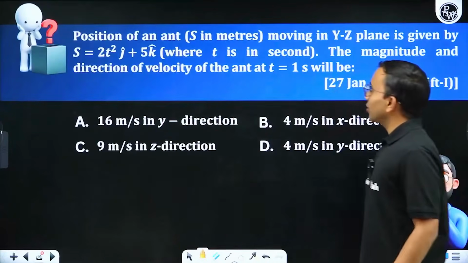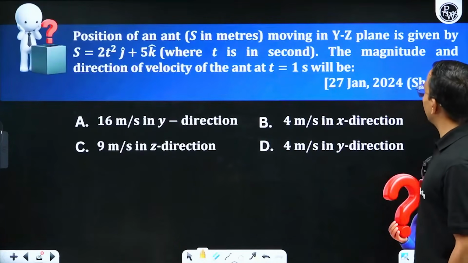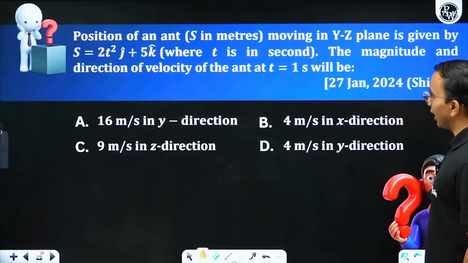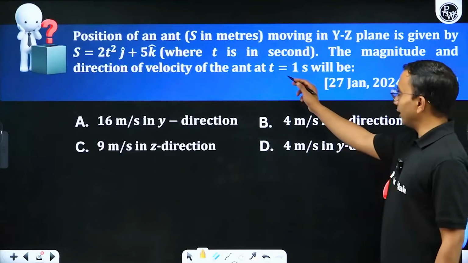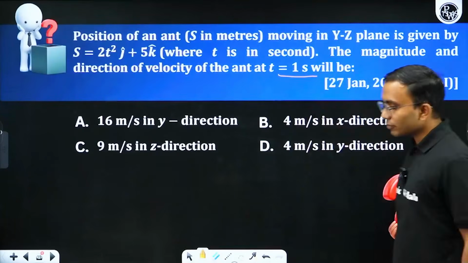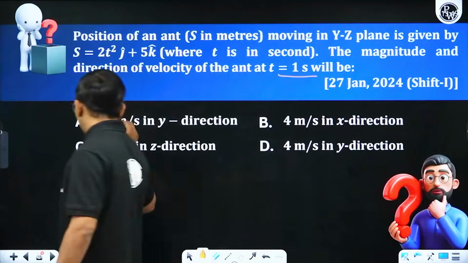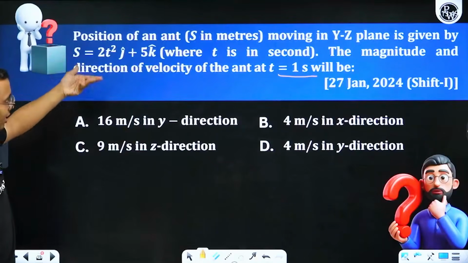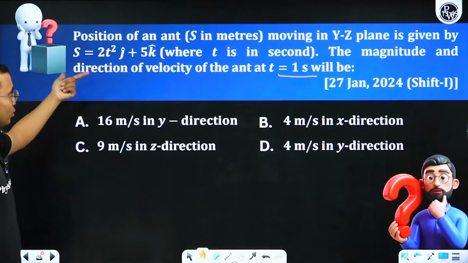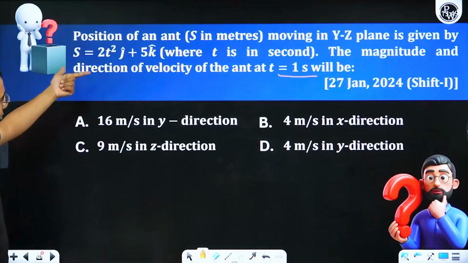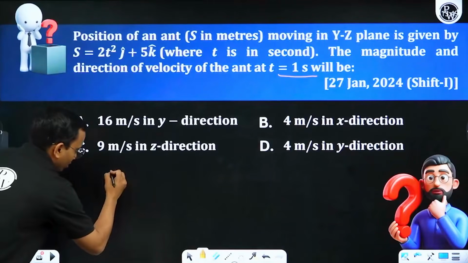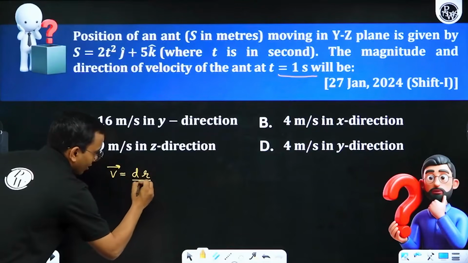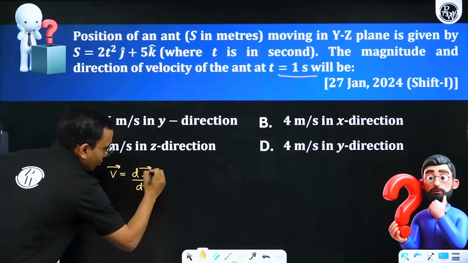Another question, the position of an ant moving in the YZ plane is given like this. The magnitude and direction of the velocity of the ant at t equals 1. As we discussed, this is in 3D, basically it's YZ actually, so this is 2D. Now if you want to find the velocity, I'll do dr by dt, the rate of change of position.